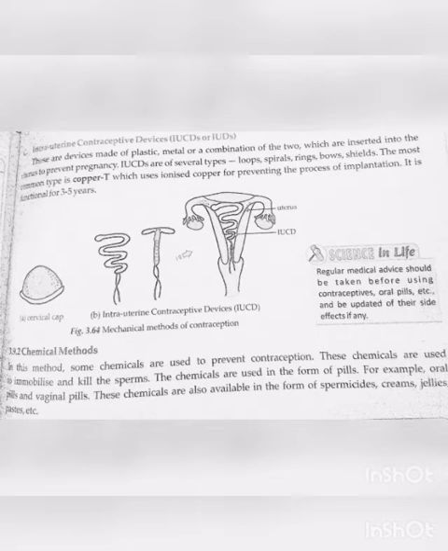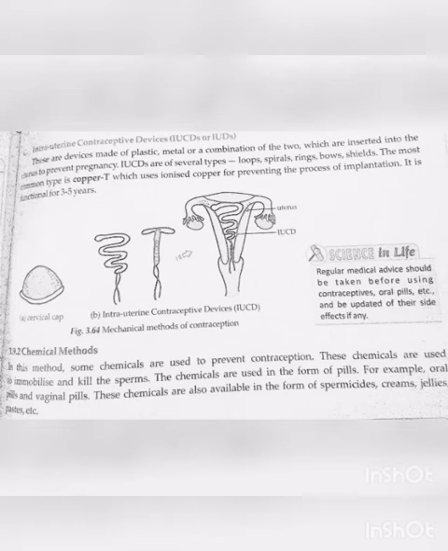IUCDs are of several types, that is loops, spirals, rings, bows, and shields. The most common type is copper T, which uses ionized copper for preventing the process of implantation. It is functional for 3 to 5 years. This is the barrier or mechanical method.